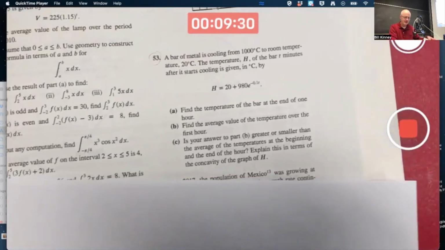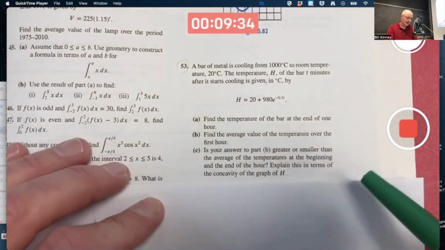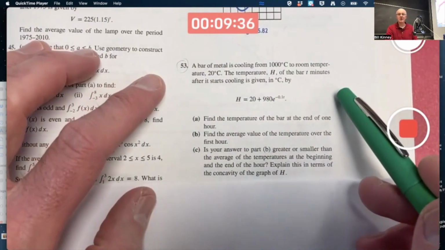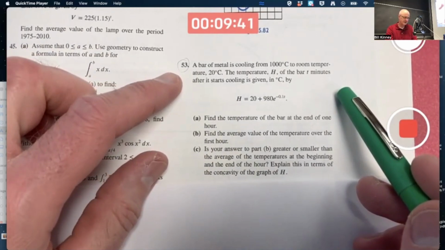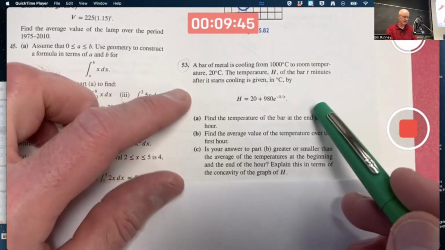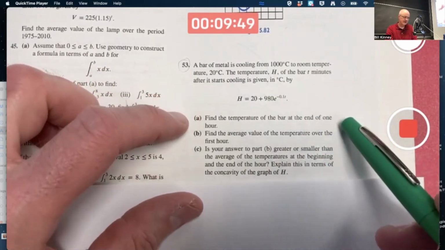A bar of metal is cooling from 1,000 degrees Celsius to room temperature, 20 degrees Celsius. The temperature H of the bar T minutes after it starts cooling is given in degrees Celsius by this formula. Part A says find the temperature of the bar at the end of 1 hour.